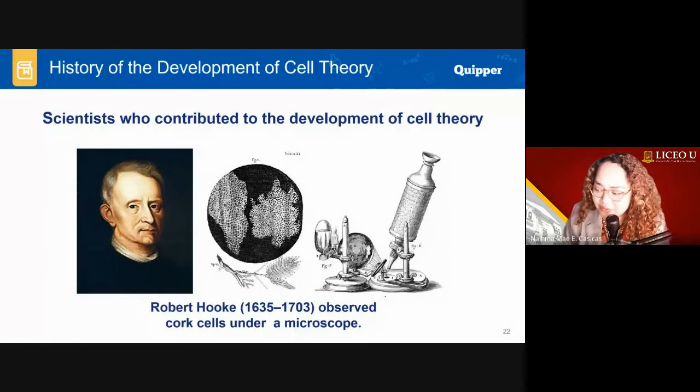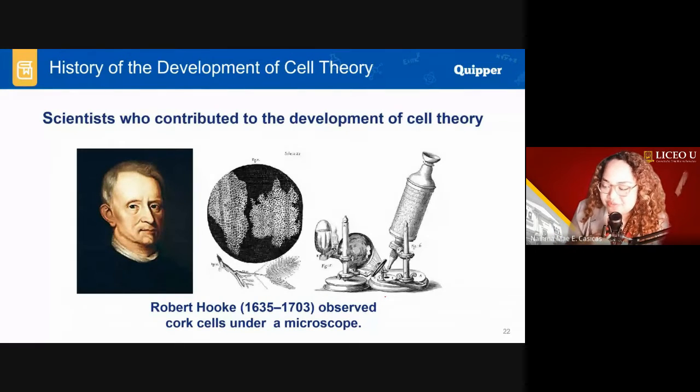How about you, do you have any? So he sent a handheld microscope to Robert Hooke, because Antoine van Leeuwenhoek was Dutch, in the Netherlands, and Robert Hooke was from England.